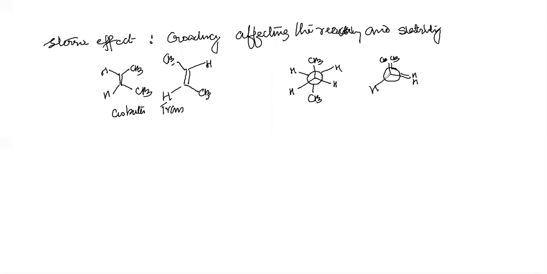This is the eclipsed form. This is more stable. Less stable. Why? The CH3 groups are very close to each other. So this is another example of the steric effect.